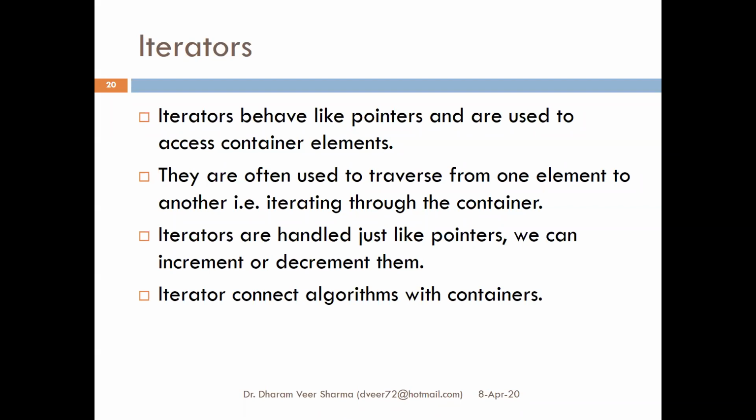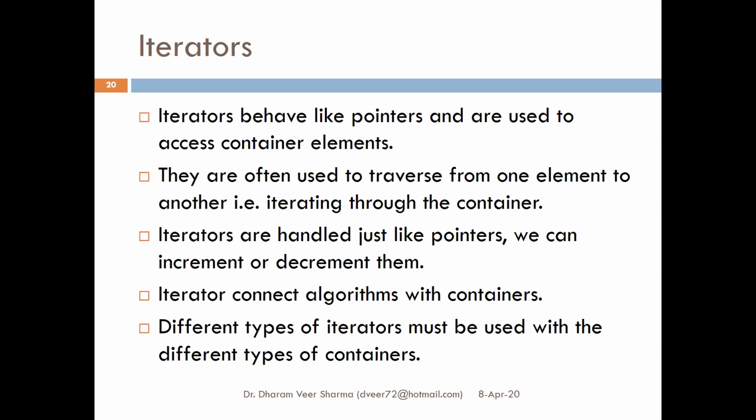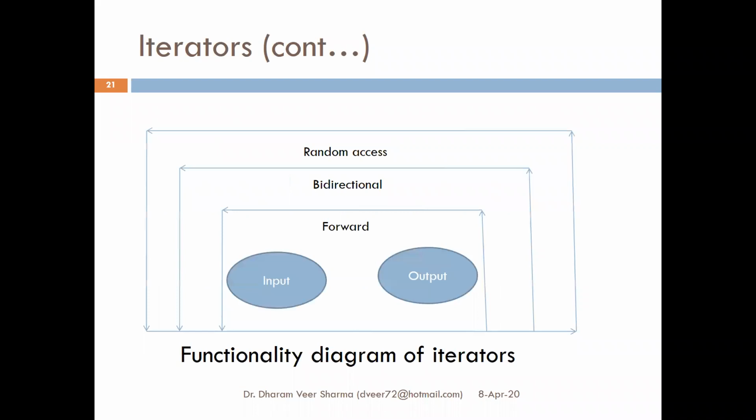I had told you that algorithms will use iterators to manipulate data stored within containers. There are different types of iterators also, depending on different types of containers. So we have random access, bidirectional, which can go in forward direction or backward direction, and then forward only.